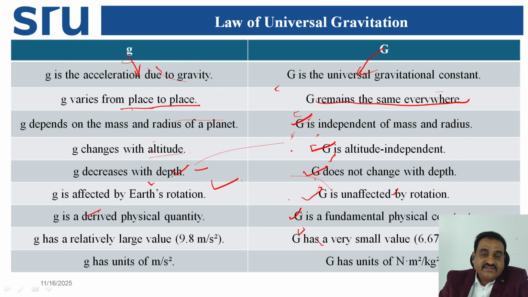Small g has a relatively large value, 9.8 meter per second square. Capital G has a very small value, 6.67 into 10 to the power minus 11 Newton meter square per kg square. Small g has units meter per second square, capital G has units Newton meter square per kg square.